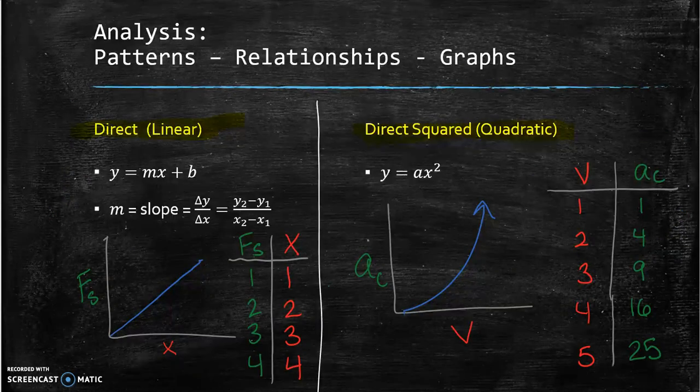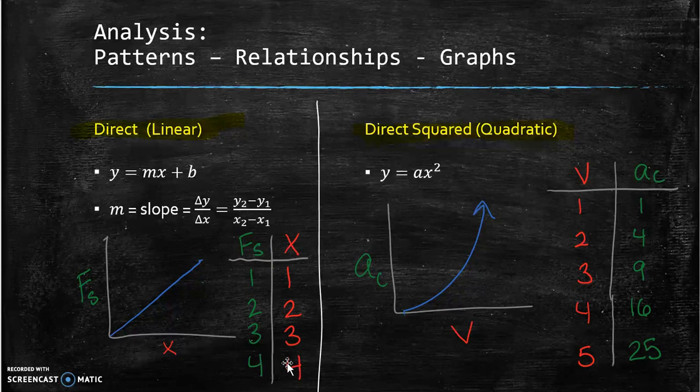So once we have our measurements and our observations, we need to seek some understanding. Common ways that we in physics use to understand phenomena are patterns, relationships, and graphs. The most common one that we'll see probably is a direct pattern or a linear pattern. So as one quantity increases, the other increases in an equal amount, or as one decreases, the other decreases in an equal amount.